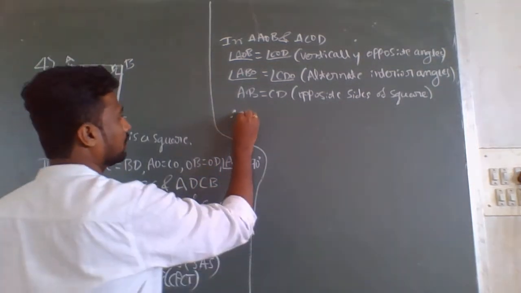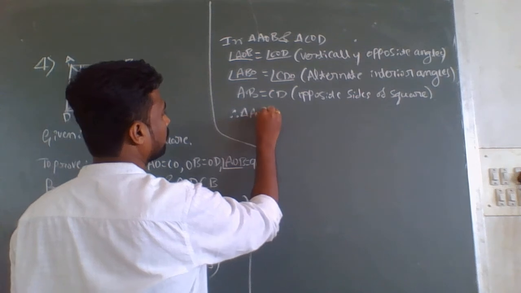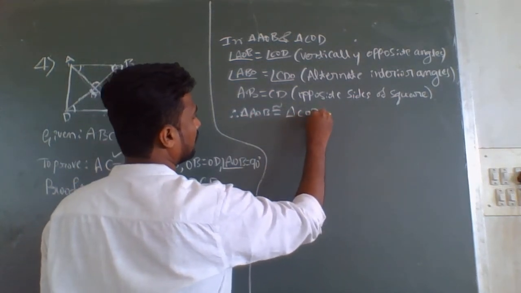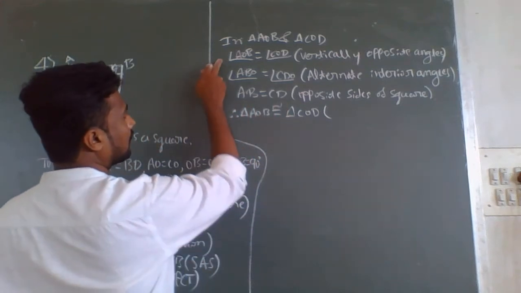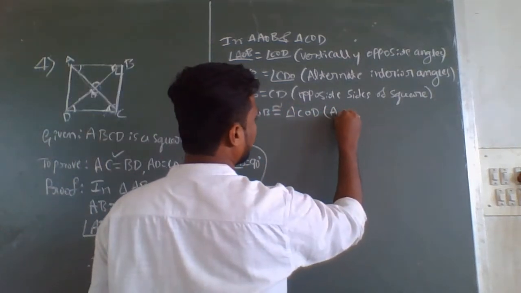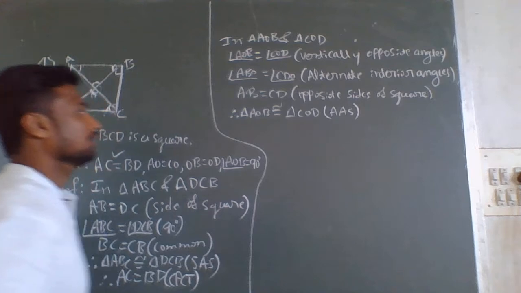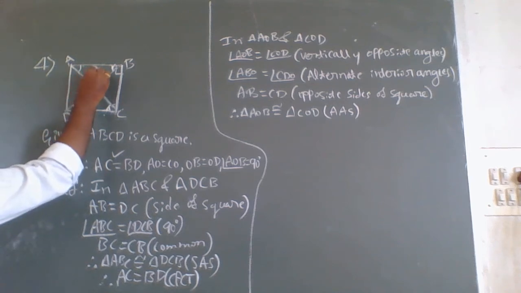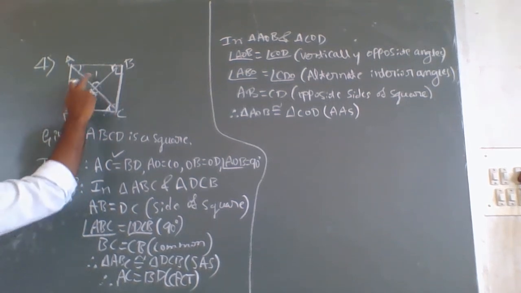Triangle AOB is congruent to triangle COD by angle angle side, AAS.